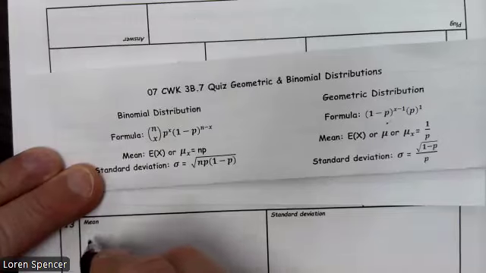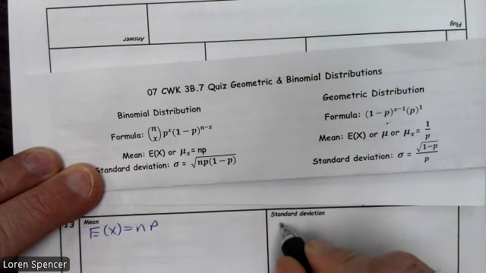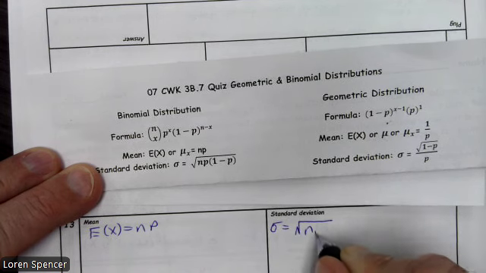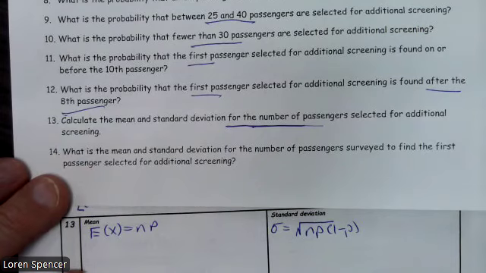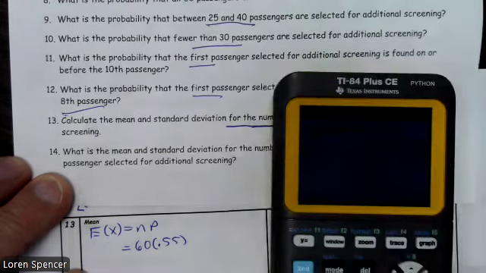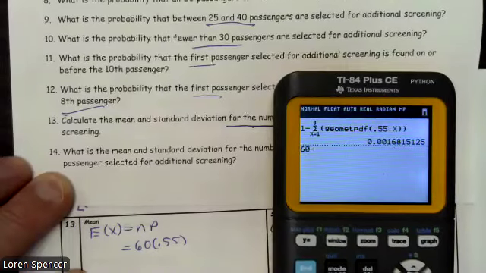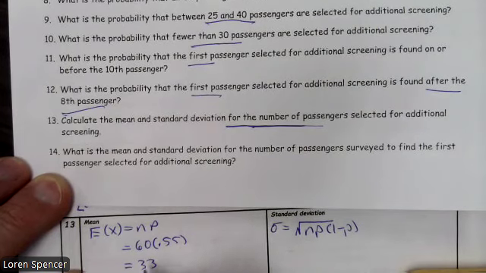The expected value formula is NP. So this is 60 times 0.55, and we get 33. So our answer was 33 passengers.